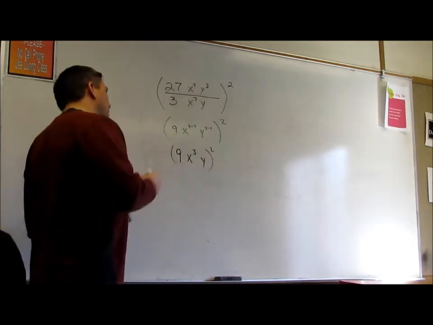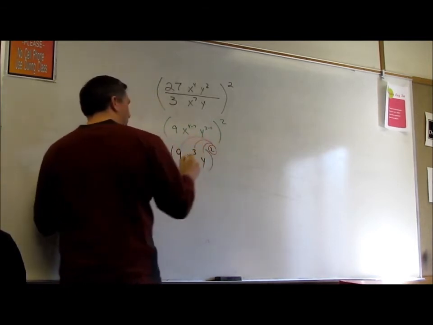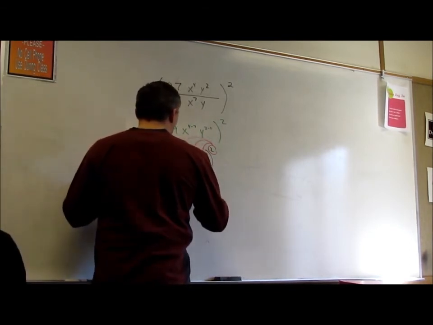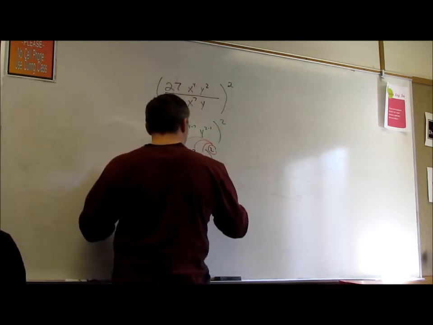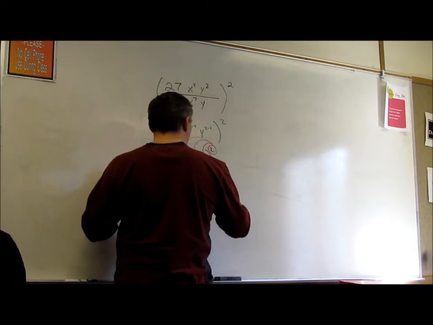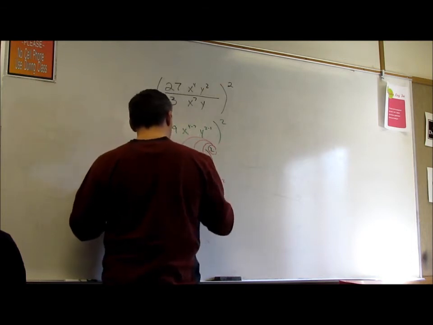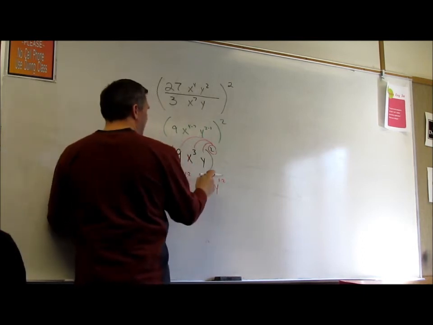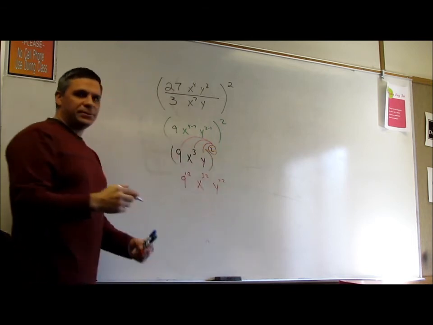Okay? And so I have 9 to the 1 times 3, x to the 3 times 3, and y to the 1 times, oh, I'm sorry, that's not a 3, that's a 2. 9 to the 1 times 2, x to the 3 times 2, and y to the 1 times 2.